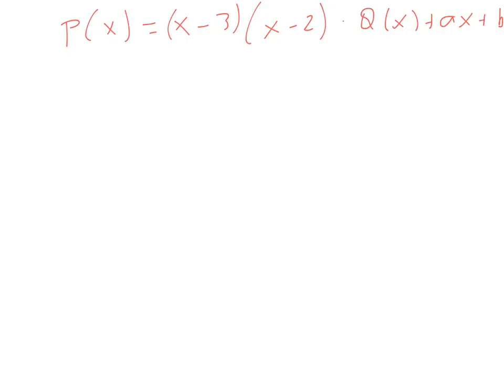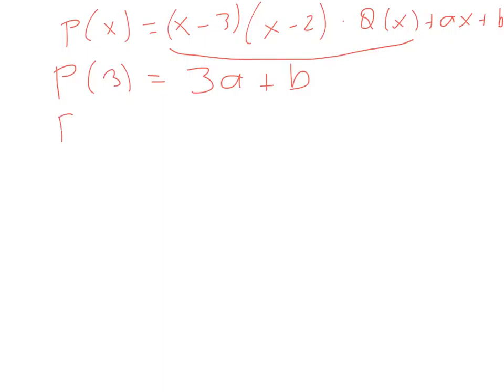So let me give a value of 3 for x. P(3) will be 3 minus 3, which is 0, and the whole expression will be 0 here. So 3a + b.